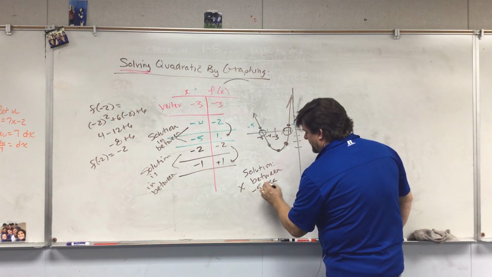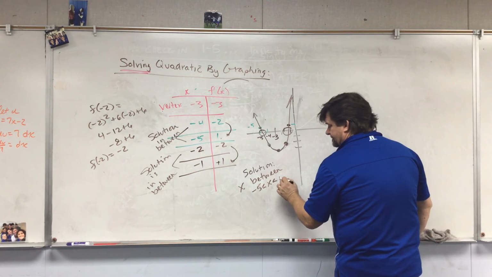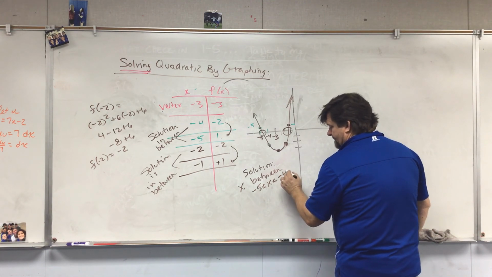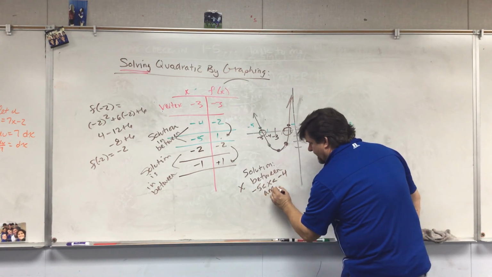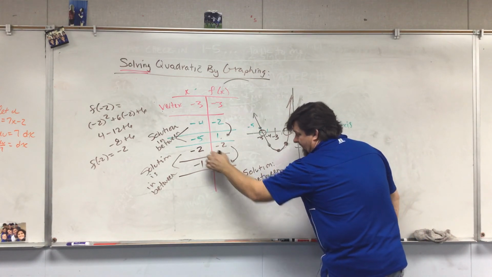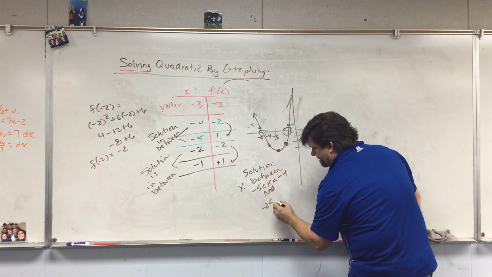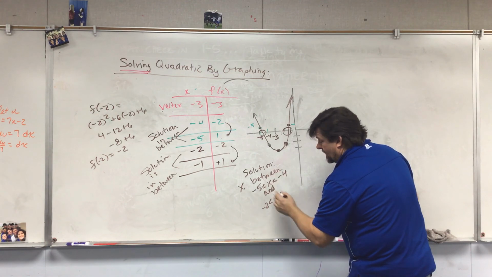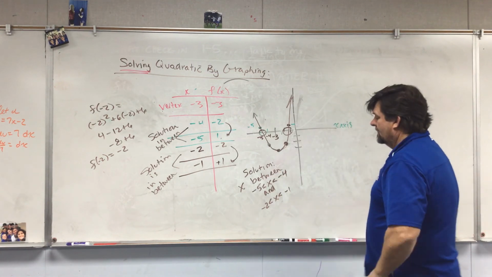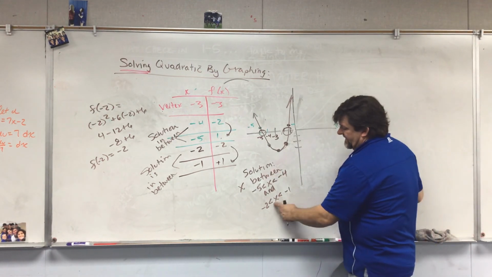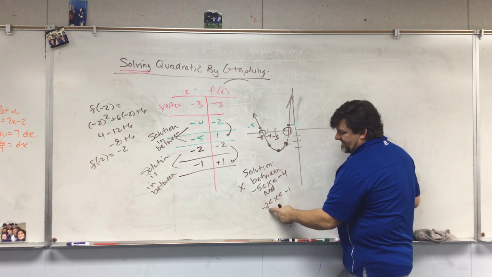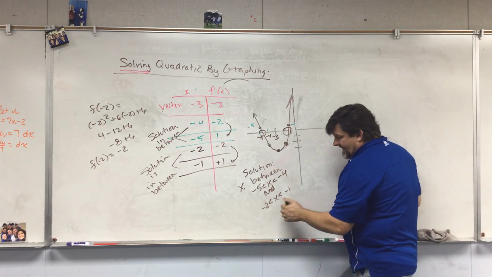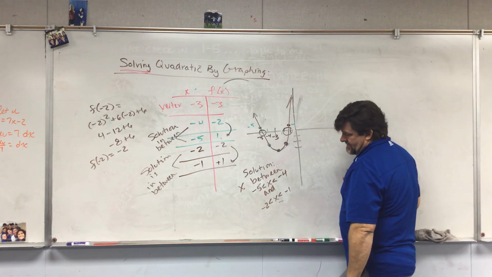Do the left one first. And between negative 2 and negative 1. We don't put equal to signs because we know that it's not equal to negative 2 and it's not equal to negative 1. x is in between there.